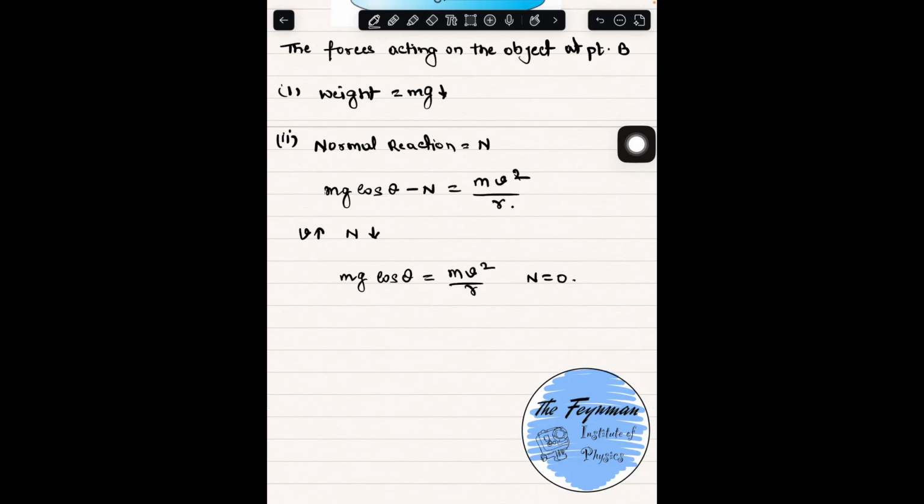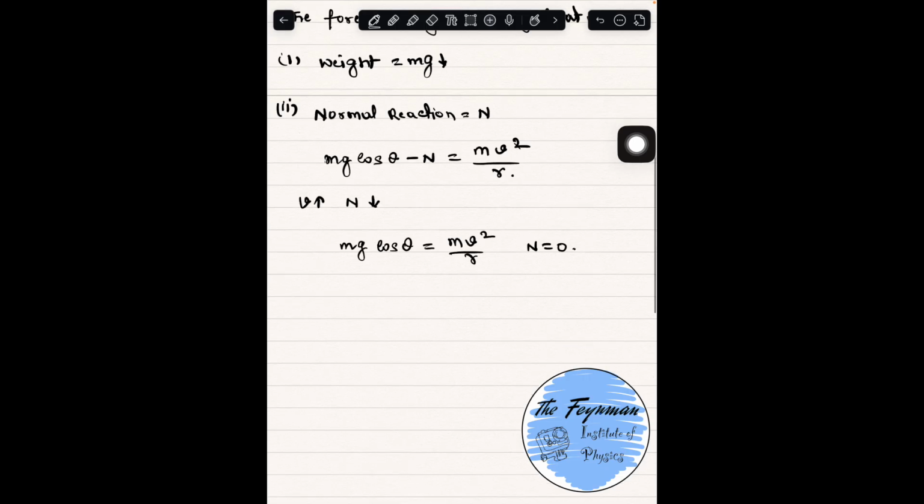Now here comes the judgment of the physical situation. Both mg cos theta and mv squared by r act in the inward direction, and the only force acting outward, away from the hemisphere, is N, which could be responsible for the detachment of the object. Still we say the object gets detached when N becomes 0. Now why is this so?